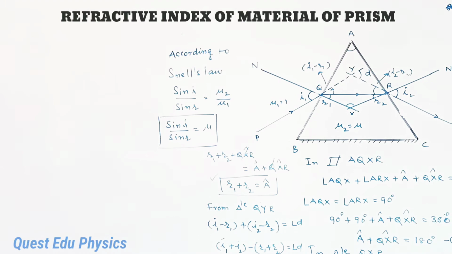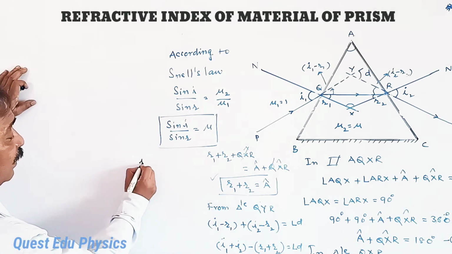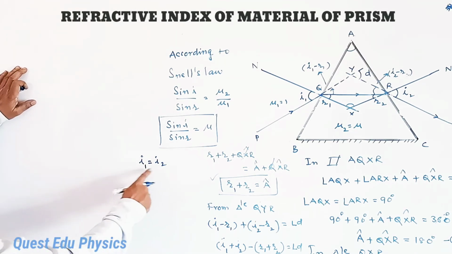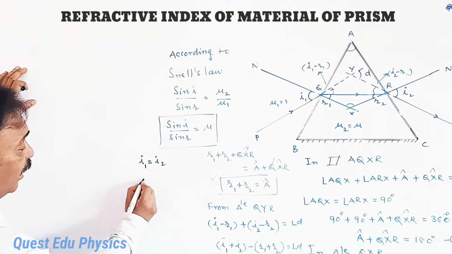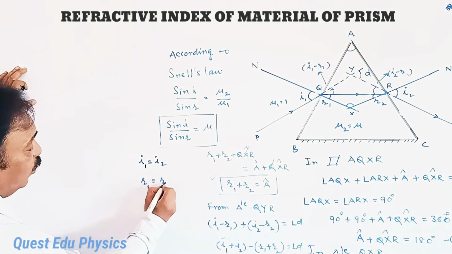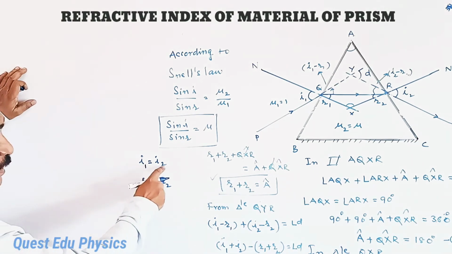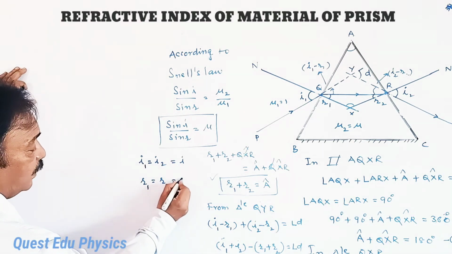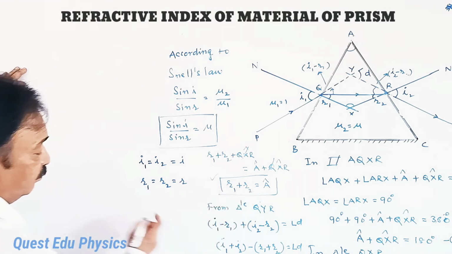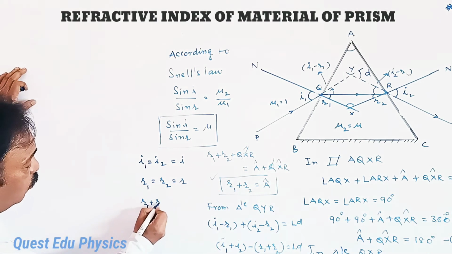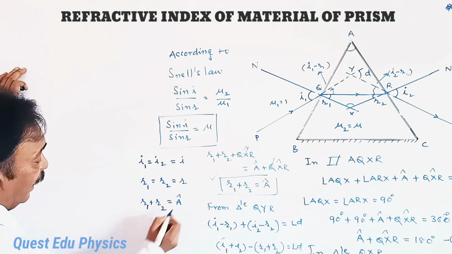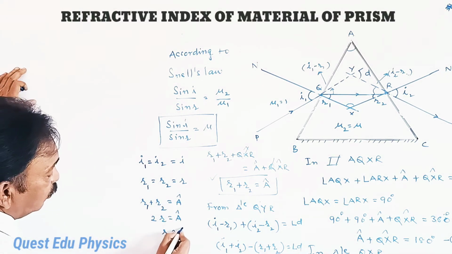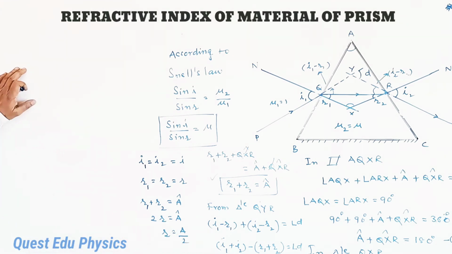At the least deviation position, students, we have a condition: angle I is equal to angle R. Angle I1 is equal to I2, and similarly angle R1 is equal to angle R2. Let's say I1 is equal to I2 is equal to I, and R1 is equal to R2 is equal to R. Then the equation R1 plus R2 is equal to A can be written as 2R is equal to A, and R is equal to A by 2.